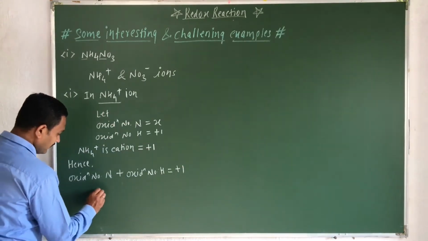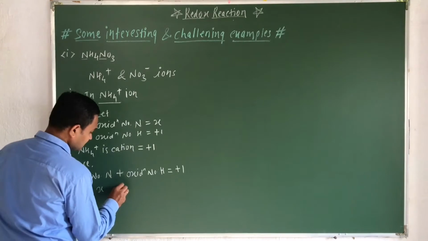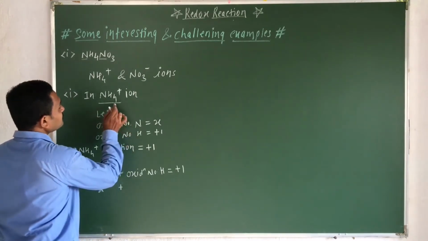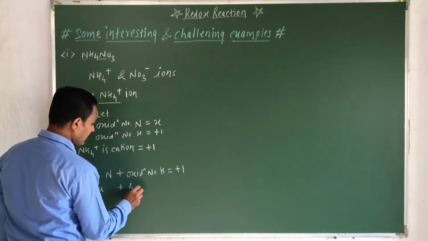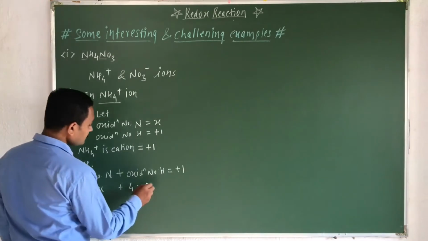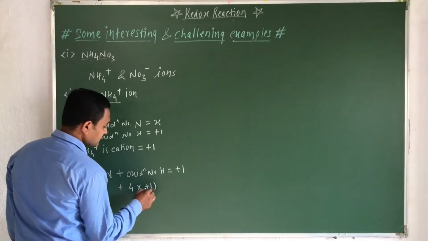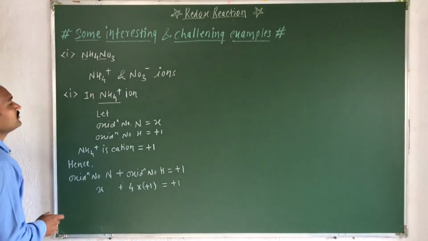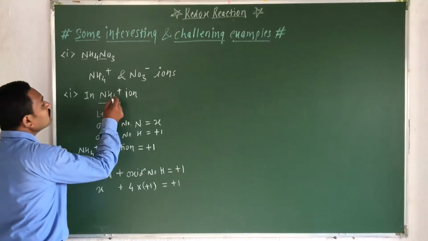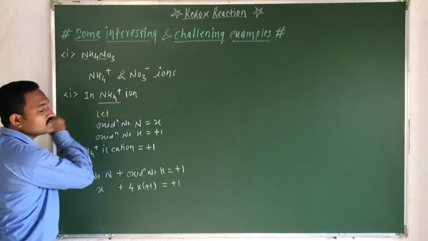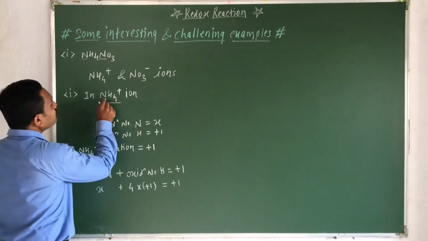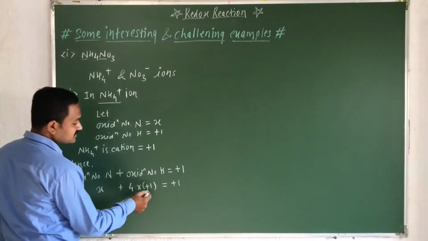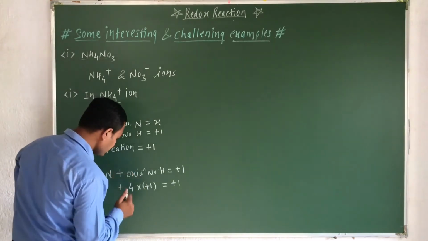Now let us put in the values. X plus, how many hydrogen atoms are here? 4. Therefore 4 times the oxidation number plus 1, which equals plus 1. We know that the oxidation number of hydrogen when it is attached to a non-metal, and nitrogen is a non-metal, is considered plus 1.